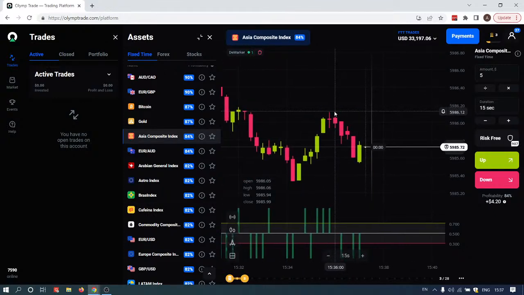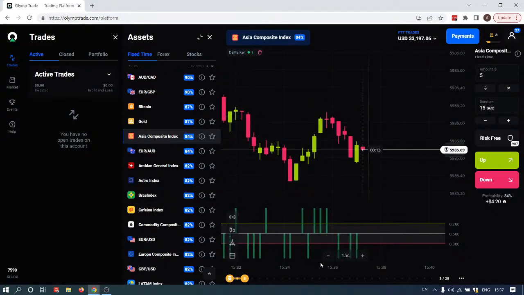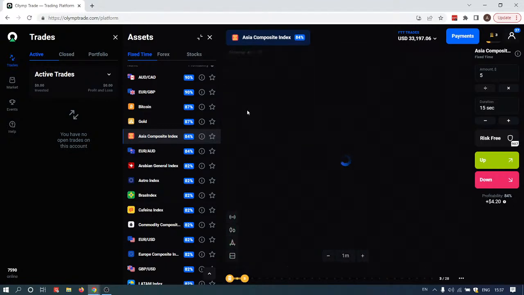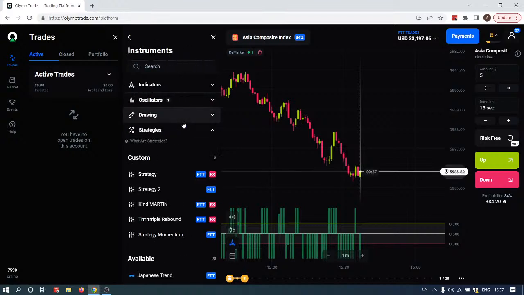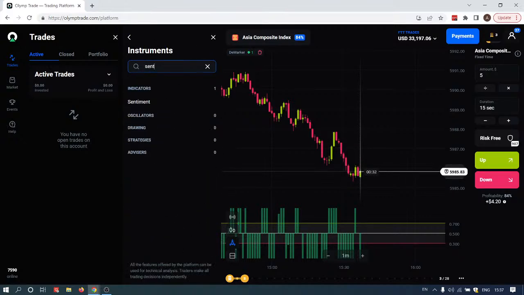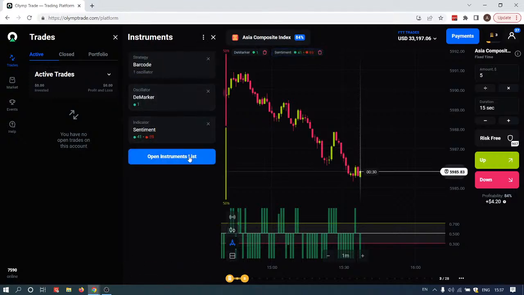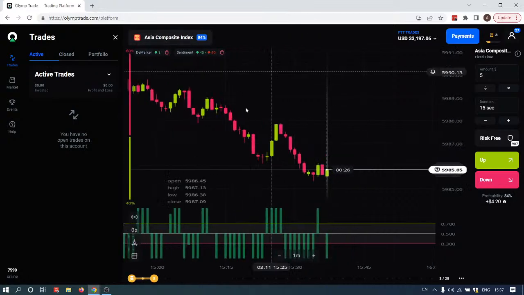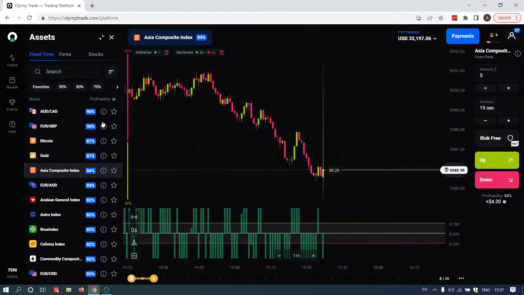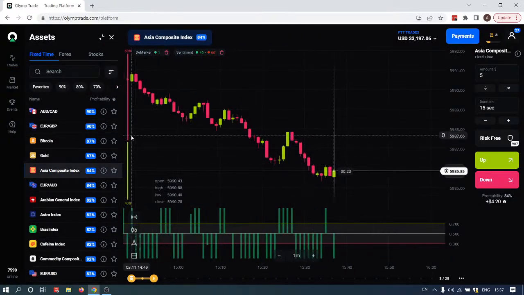All right, so now let us talk about this sentiment index a little bit in conclusion to this webinar. So I need to go to instruments, and voila. We have this sentiment indicator, and it reflects open positions of our traders.